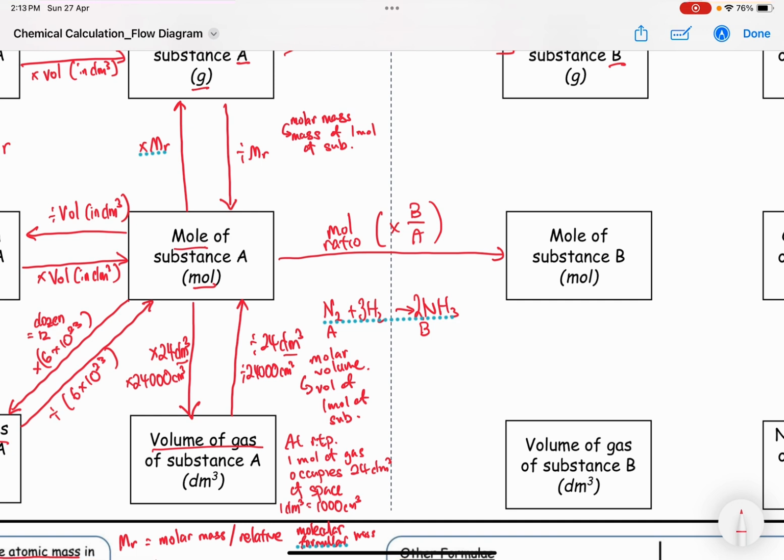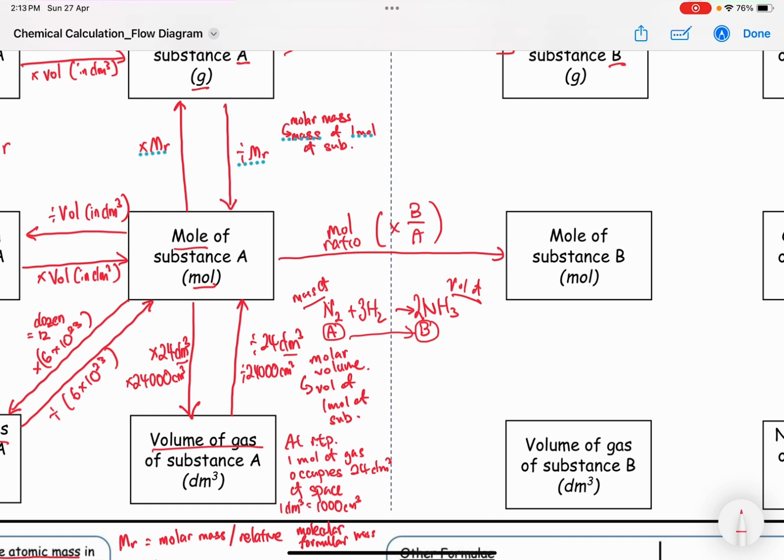So for example, I want to use chemical calculations to find the volume of NH3 from the mass of N2. So from the mass of A, which is N2, I need to go to the volume of B, which is NH3, right? Because it's going from one substance to another, from A to B, I must multiply by their mole ratio.